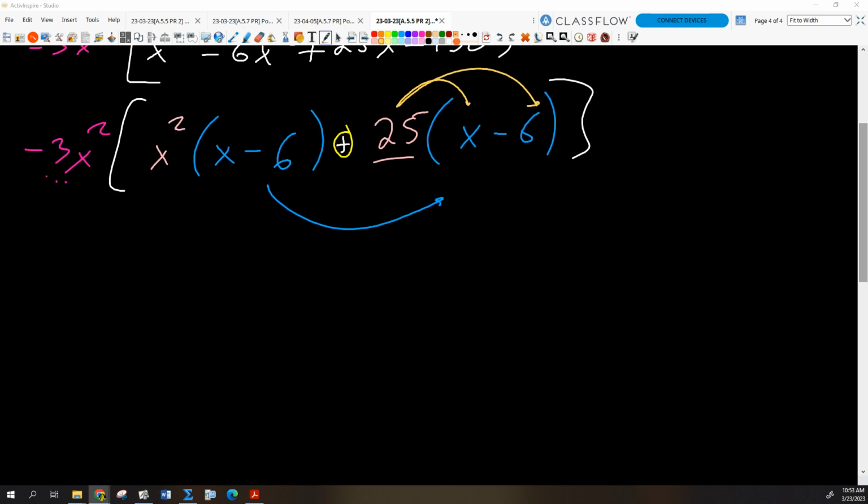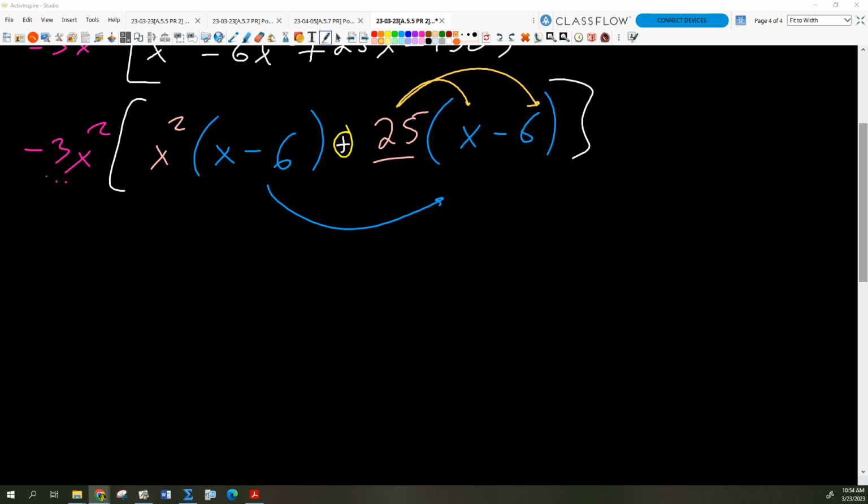What can I factor out of the white brackets? What do you think? Treasure, what could I factor out of each group there? Let's look at each of these two groups inside the white brackets.